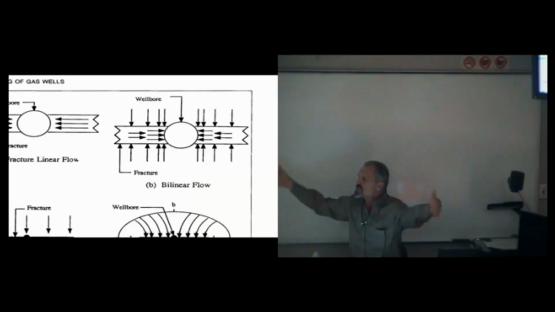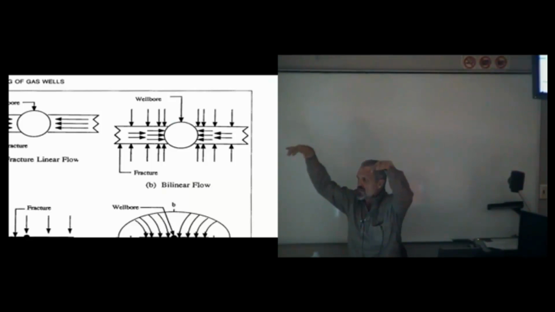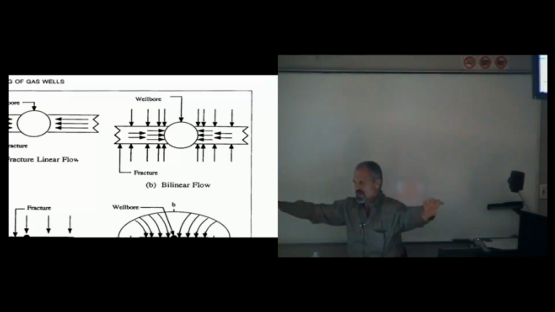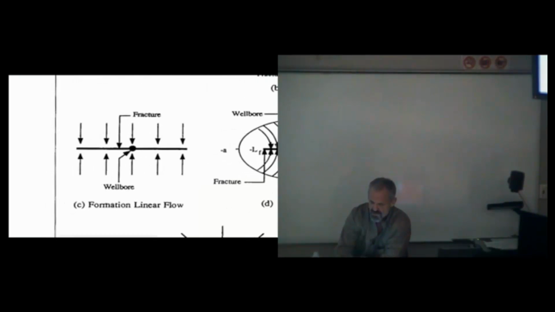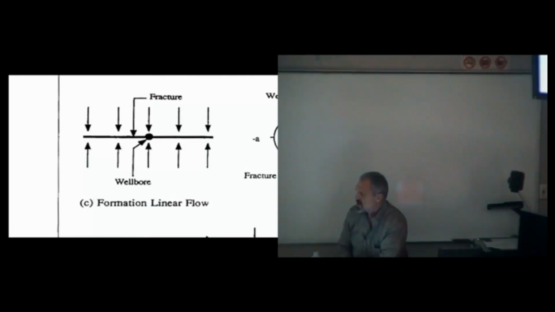But when the fracture tip is felt, because the pressure drawdown in the fracture is so much lower than the pressure drawdown in the reservoir, you tend to have pure formation linear flow. When we get into Chapter 9 and talk about production decline curve analysis, that's the dominant flow regime right there. Formation linear flow.